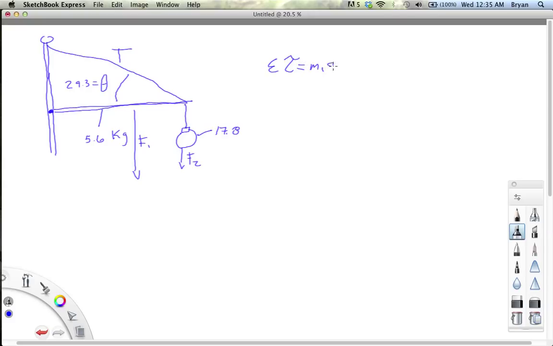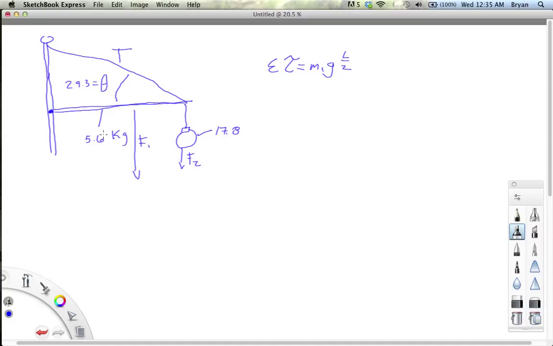and we're going to go M1 times G, and that's the first mass, or excuse me, the first force, and we're going to multiply that by L divided by 2. Remember, the force pushing down is multiplied by where it's located compared to the pivot point.